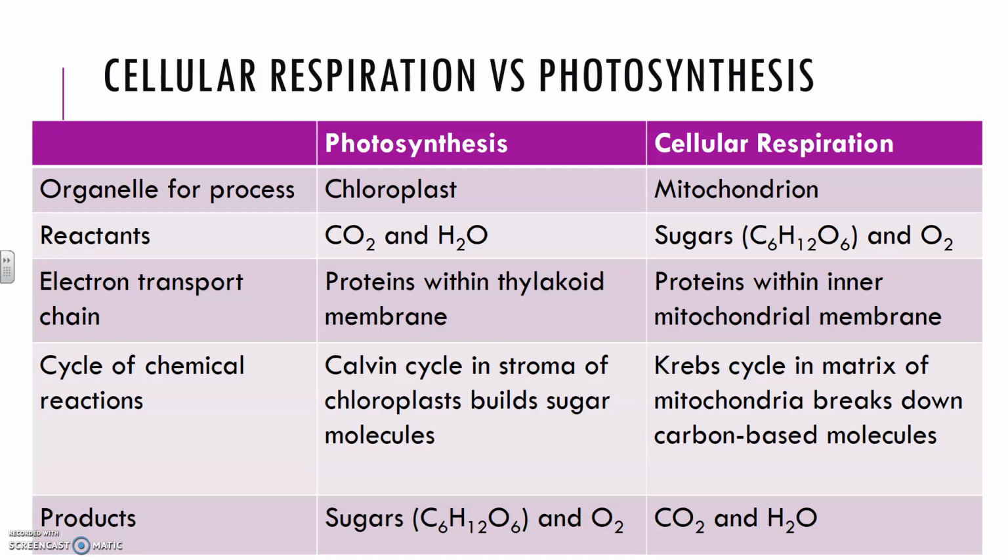For the Krebs cycle, it's going to take place in the matrix of the mitochondria, and it's going to break down carbon-based molecules. Okay, instead of building them up, now we're breaking them down. Okay, and your products are going to be, for photosynthesis, sugars and oxygen, and for cellular respiration, carbon dioxide and water.